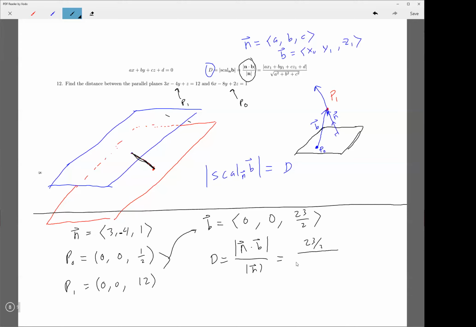And then the length of n would be the square root of 9 plus 16 plus 1, so that's 23 over 2 over the square root of 26. So 23 over 2 root 26. Let's see if that works. Yay, it worked. That's the answer right there.